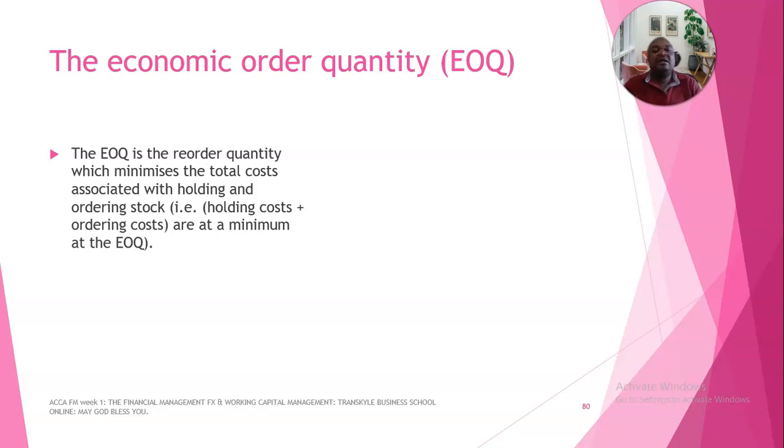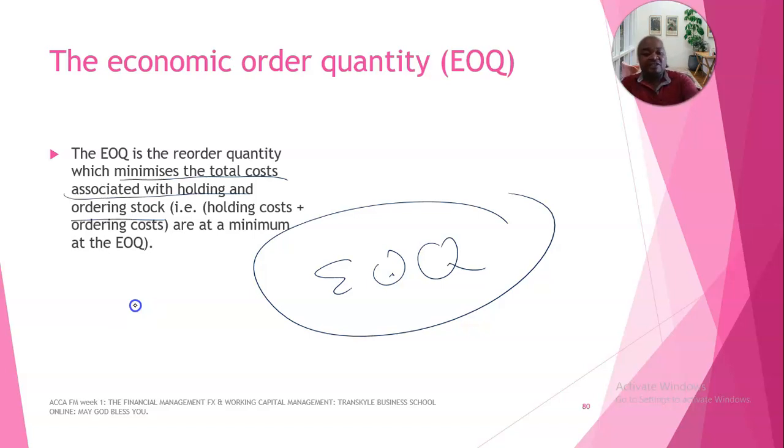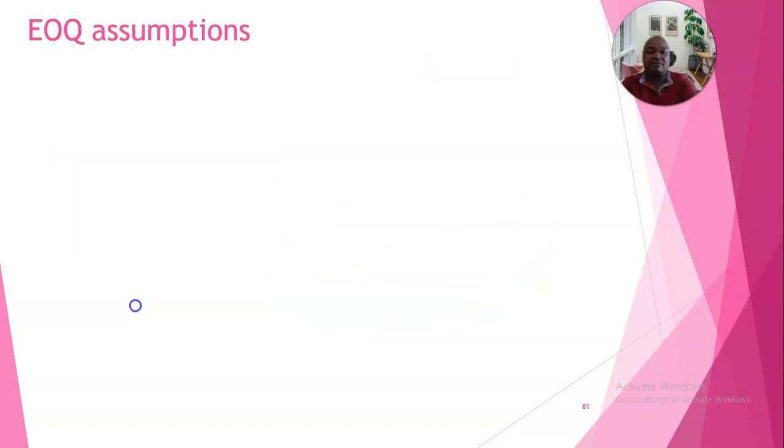Remember we have said that the economic order quantity is that quantity which minimizes the total cost associated with holding and ordering stock. The point at which these costs are at minimum is the EOQ, as you have seen in the previous graph.